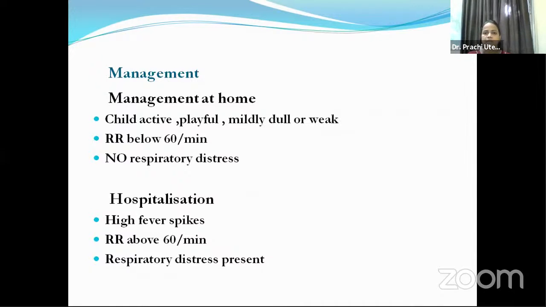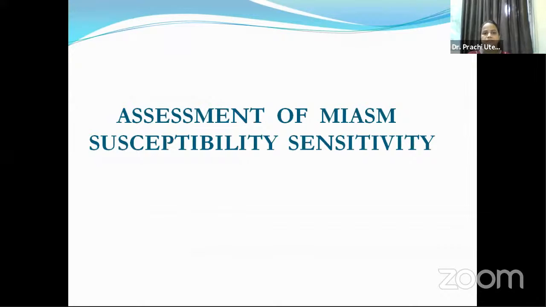Hospitalization is indicated when there are high fever spikes, chills, the respiratory rate is above 60, and respiratory distress is present. Definitely, respiratory distress should be judged according to the age and the respiratory rate.